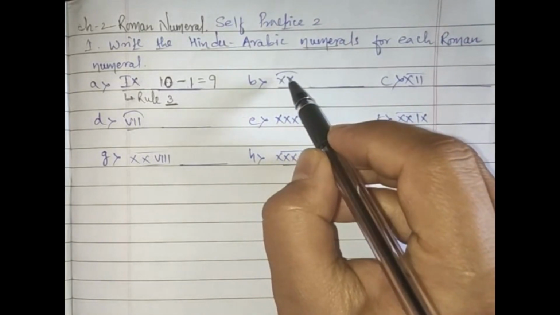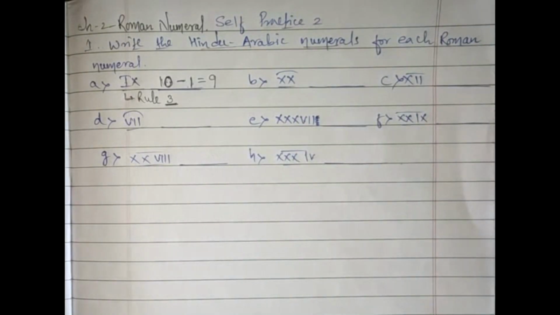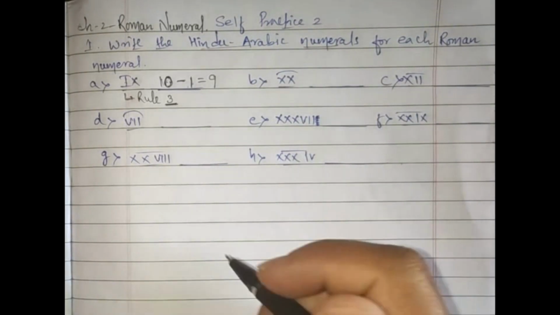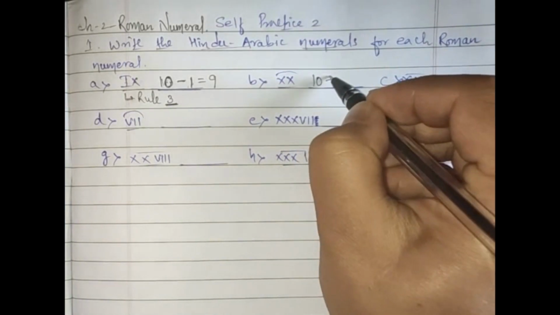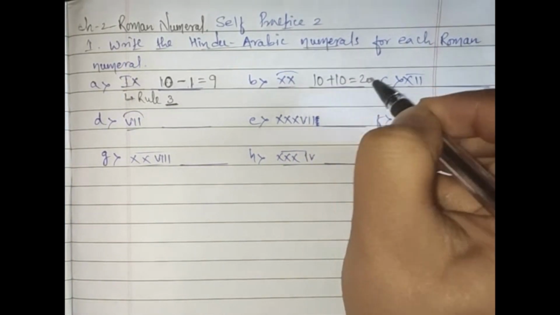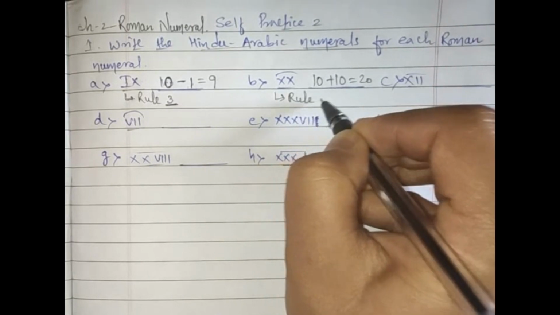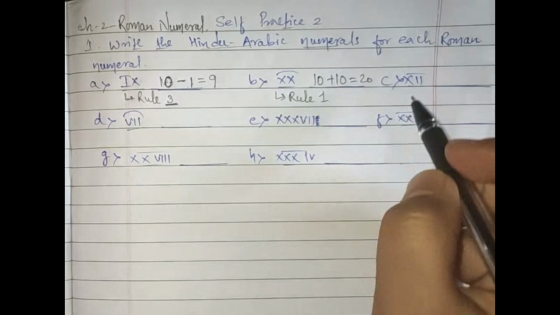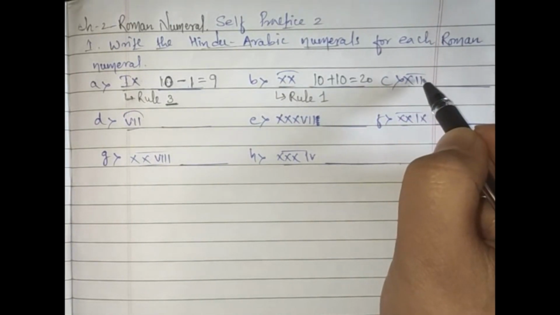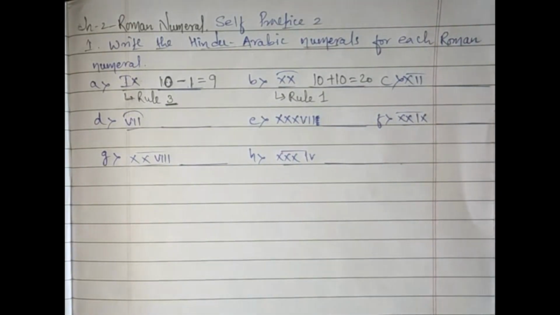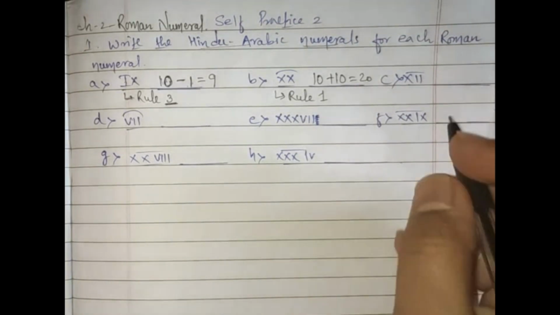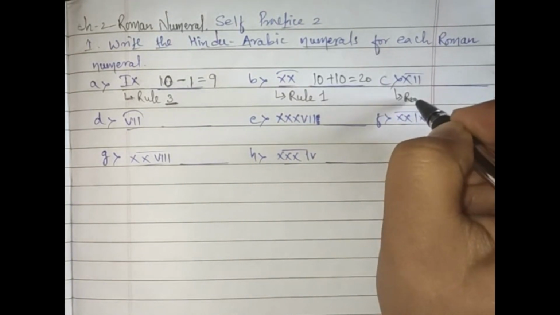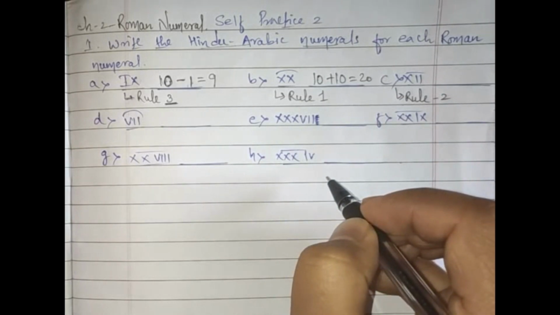Okay, XX. When the Roman numeral is getting repeated, what should we do? 10 plus 10, it is 20. Which rule is it? It is rule number 1. So 10 plus 10 is 20. Again, XII. So what should we do here? Over here, we will follow rule 2. What was rule 2?